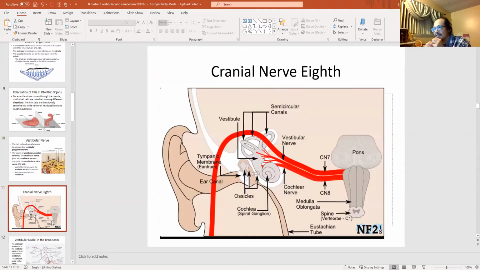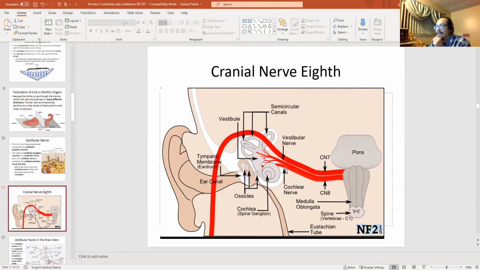This is another picture showing you this cranial nerve from the inner ear. You can see this is the vestibular portion. We have five sensor organs. Each one will provide its own axon bundle, and these axon bundles form the vestibular nerve.